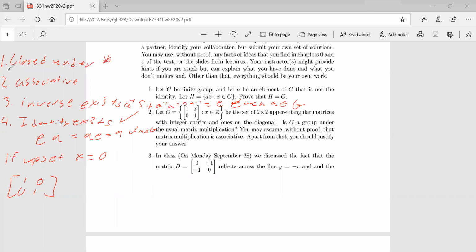Let's go up to number 1 here. [1, x; 0, 1] times [1, y; 0, 1]. So is this closed under multiplication?